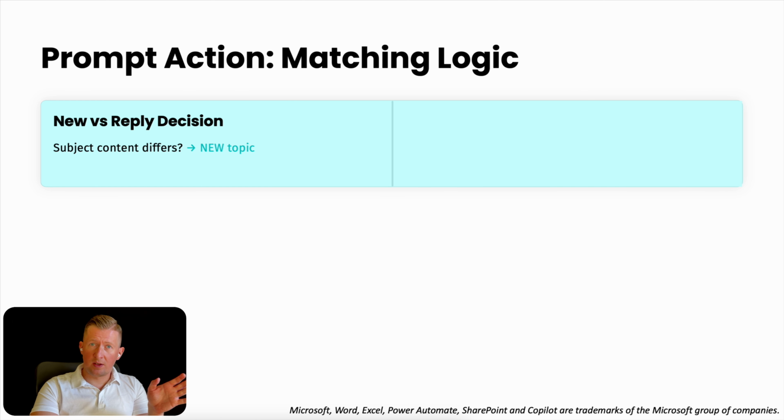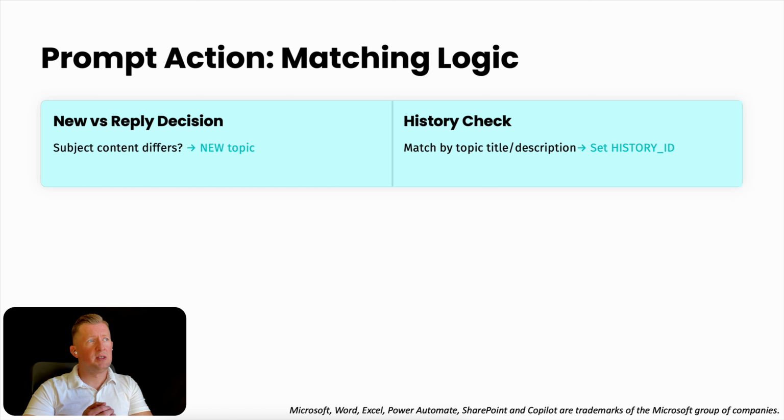If not, then it still needs to be checked whether there's already a history of this email, because with the get email action, you get not only the latest email, but if you have several replies, you have the whole history of the email flow. Whether a history is found in the Excel table, then it's not a new task, it's maybe an answer to an already existing task. And then a history ID is set.